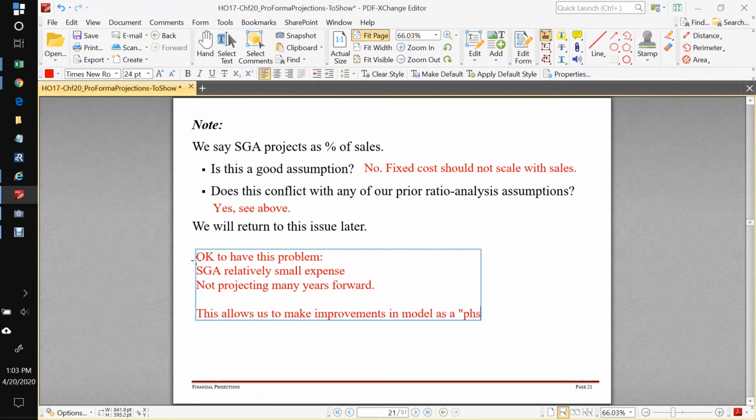And finally, especially if we're consultants doing this work, this would allow us to make improvements in the model as a phase two.